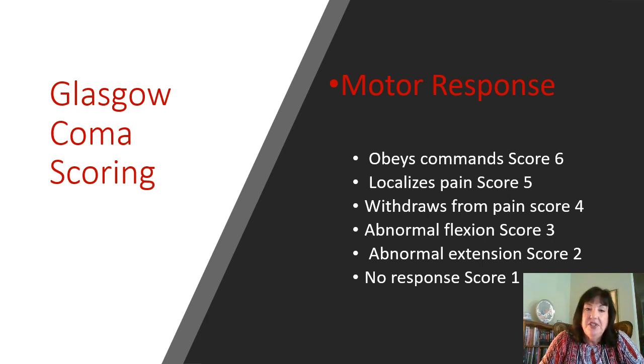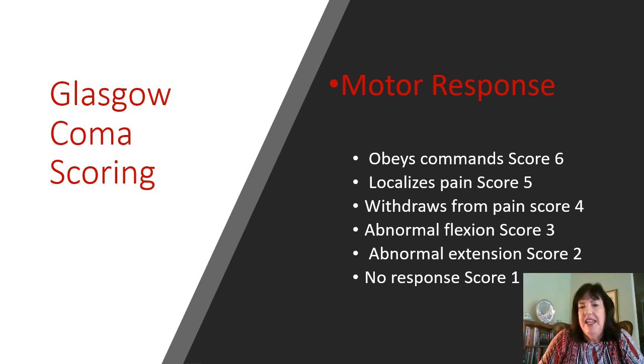Now, there are patients who are in a level of coma, and they're not in any way going to obey a command in terms of following a direction. However, they may have some movement and localizing pain. So if you are pinching that patient on the forearm, you may see some kind of movement in that area.